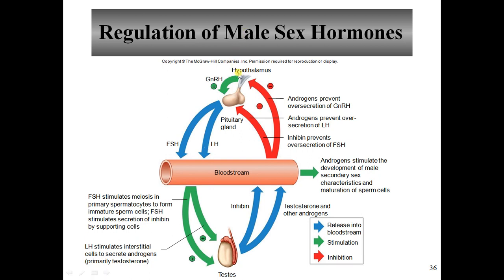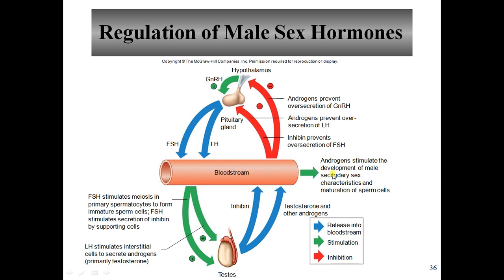When the hypothalamic gonadotropin-releasing hormone stimulates the pituitary gland, it releases FSH and LH, follicle stimulating hormone and luteinizing hormone, which are secreted into the bloodstream. So at that time what happens?